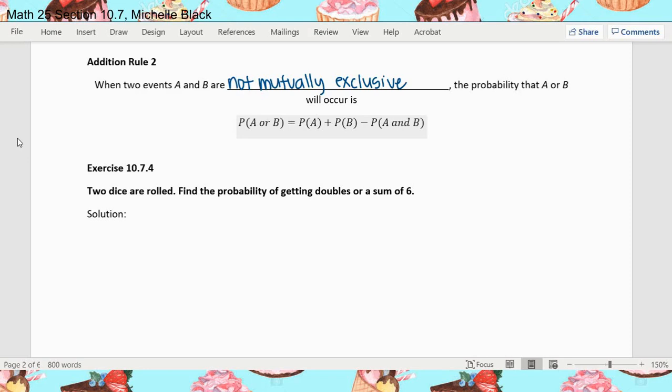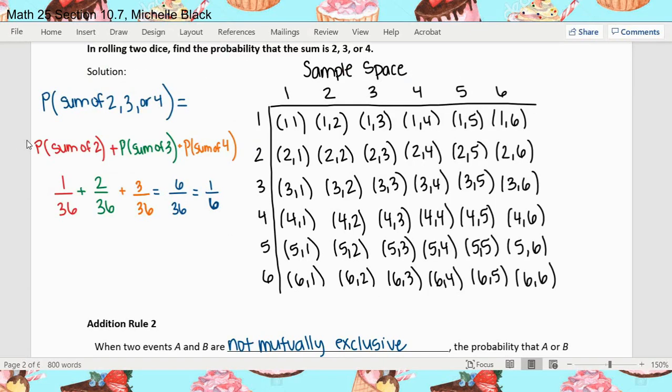It might be helpful to use the exact same sample space that we used for problem 3, so let's go reference that again. So problem 4 asked for the probability of getting doubles or a sum of 6. Well, you can get doubles if you roll a 1 and a 1, a 2 and a 2, a 3 and a 3, 4, 4, 5, 5, or 6, 6.